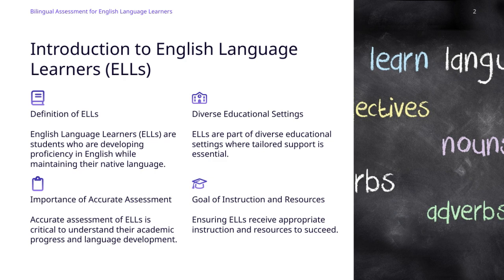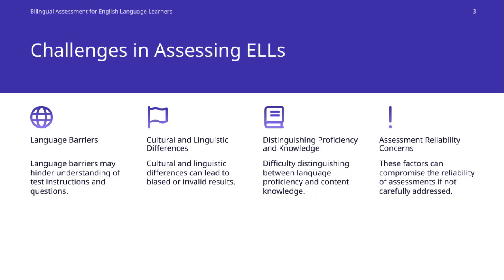thrive and succeed. When assessing English language learners, one major challenge is language barriers. Students might struggle to fully understand test instructions or questions, which can affect their performance unrelated to their actual knowledge. Another important issue is cultural and linguistic differences. These differences might cause certain test items to be biased or produce results that don't accurately reflect the student's true abilities.